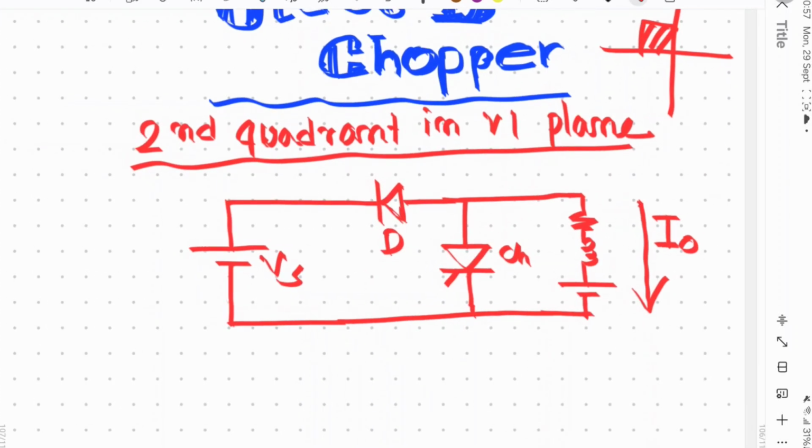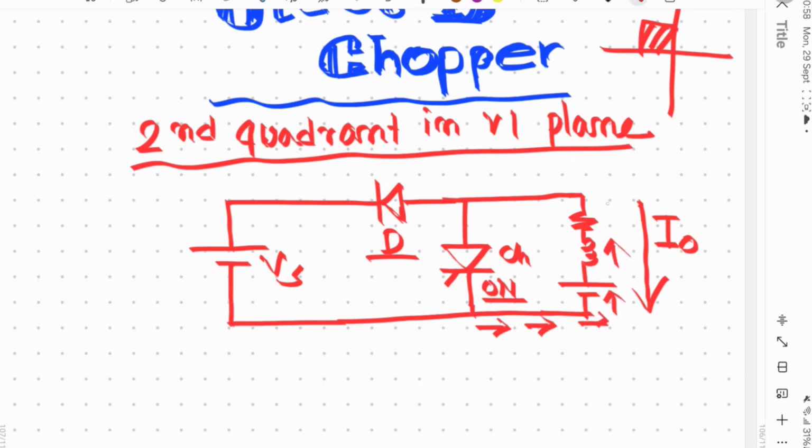Now when the switch is on, the diode isolates the supply voltage Vs. So in this condition, current flows in the opposite direction, so this will be the current flow.